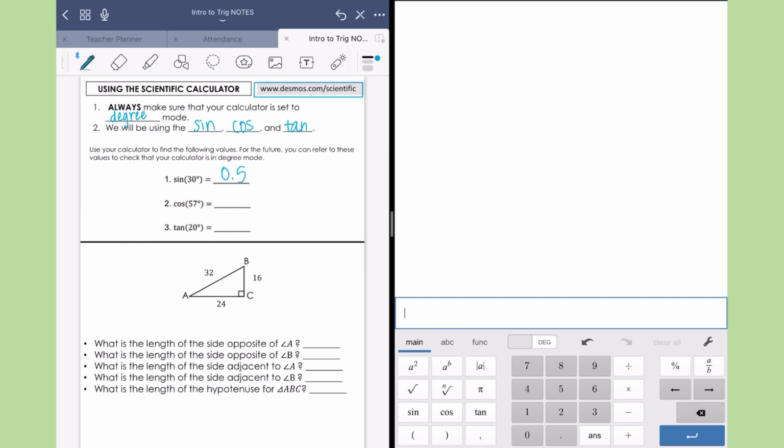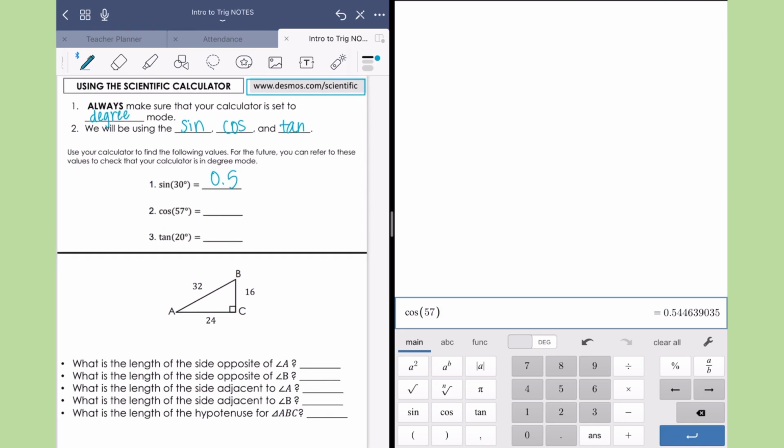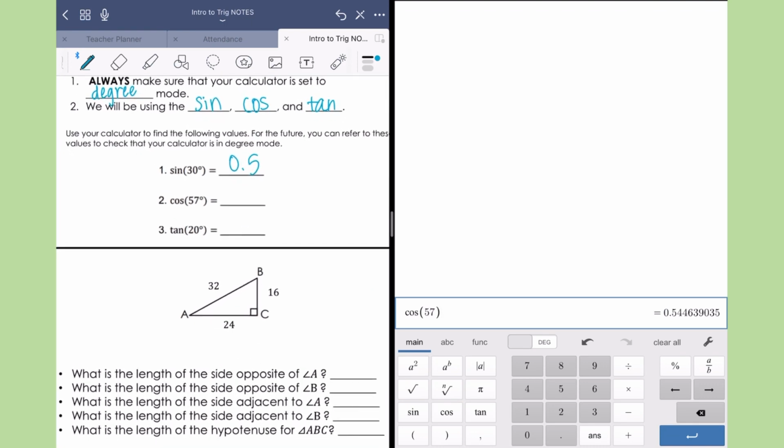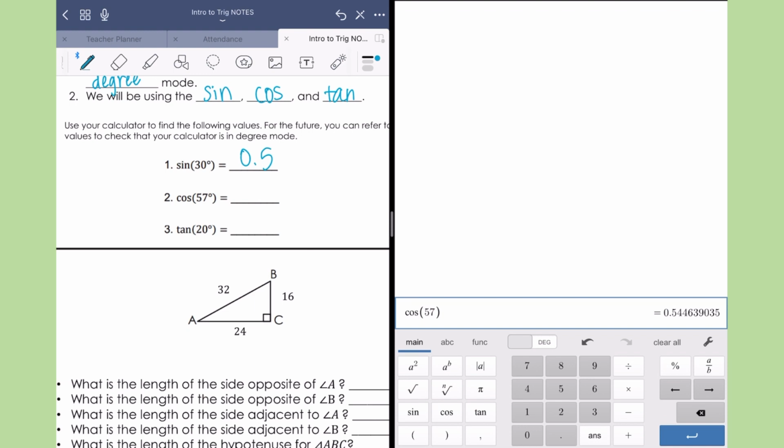Cosine, so erase that. Cosine of 57. So it's a decimal, but it's okay. We're going to round always to the thousandths, which is 3 numbers after the decimal. So 0.5, what is that? 446. So since the number after the third 4 is a 6, I round up.